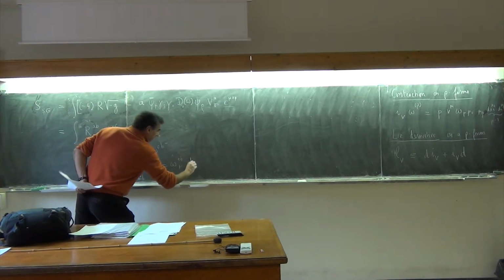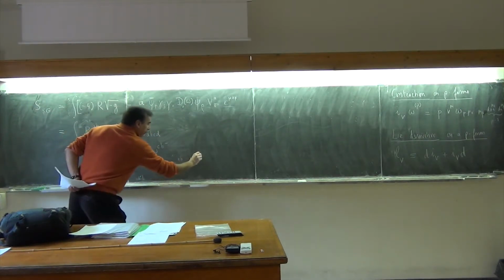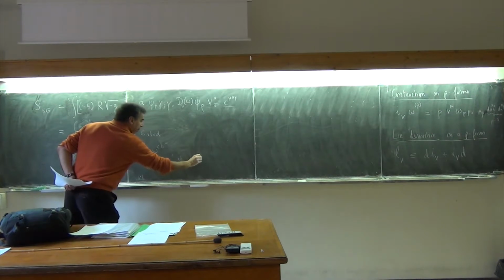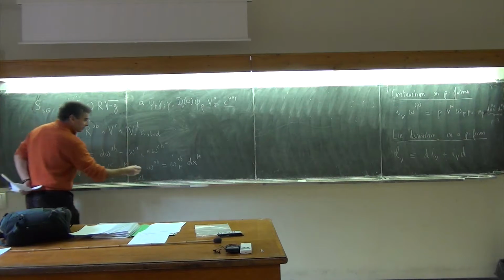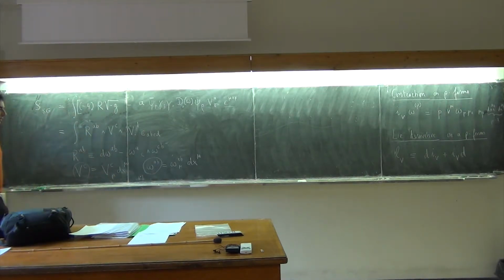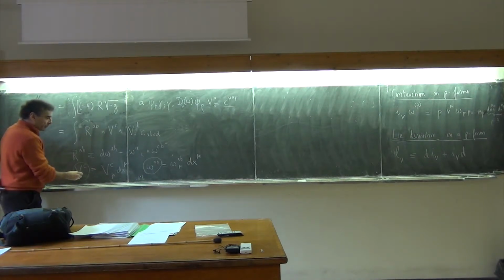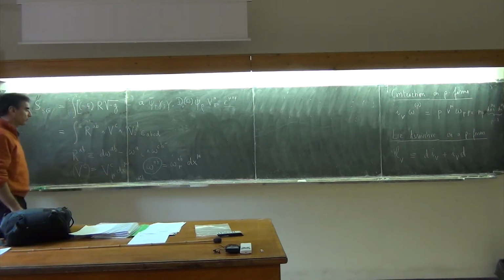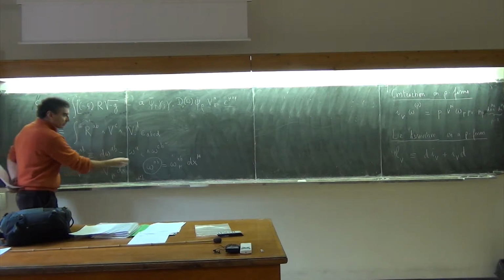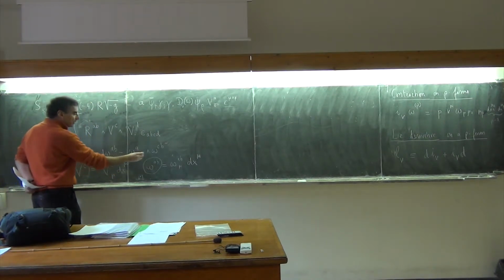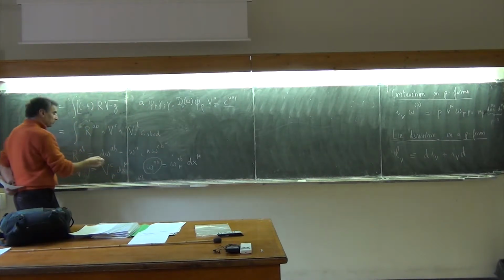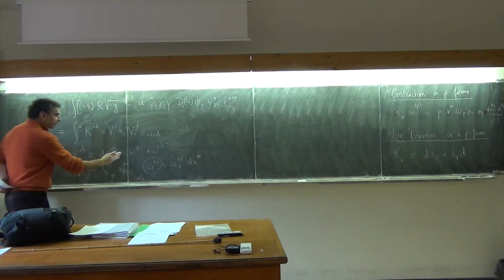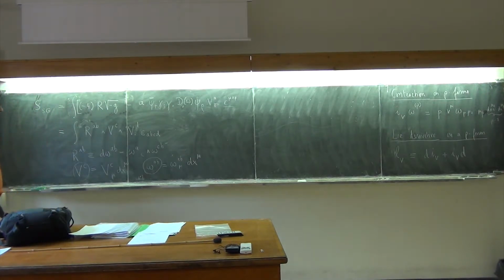Omega is a one form. e is a one form, so these are the objects that I have in usual general relativity in first order formalism: the vielbein one form and the spin connection one form. This is an exterior derivative of a one form, so it will be a two form. Here you have exterior products of two one forms, so this is a two form. My conventions have a minus sign here.